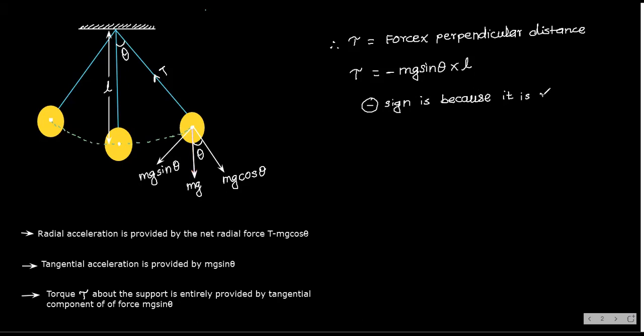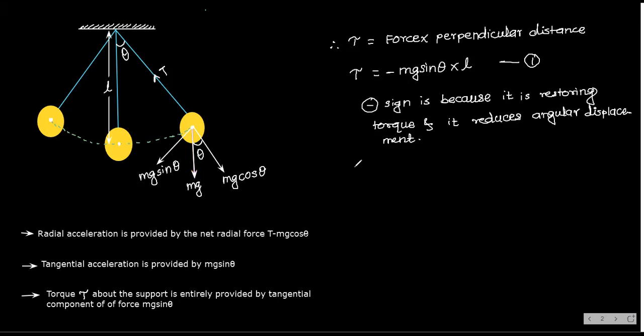It is restoring torque, and it reduces angular displacement. That's why it is a negative sign. Okay. Now, let us suppose this is your equation number 1.